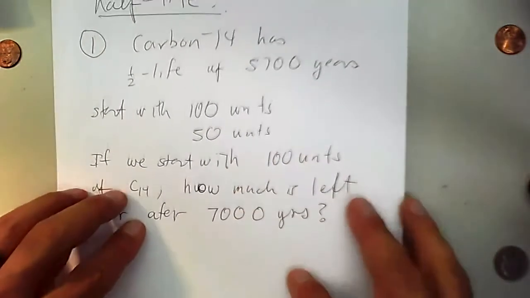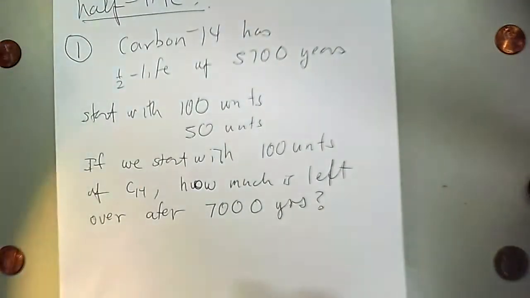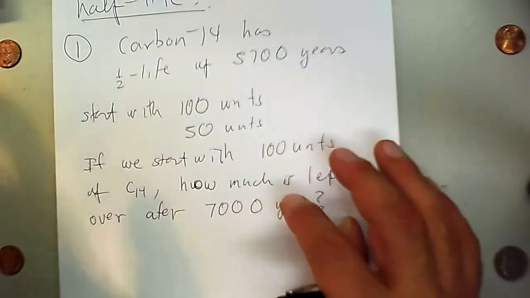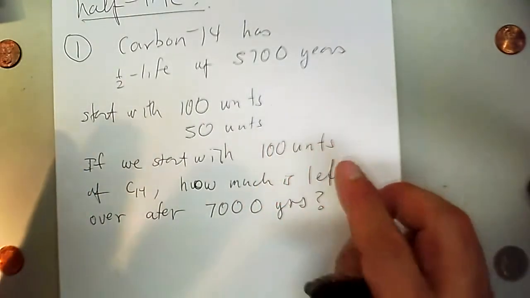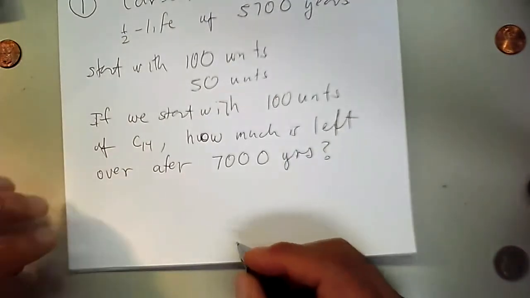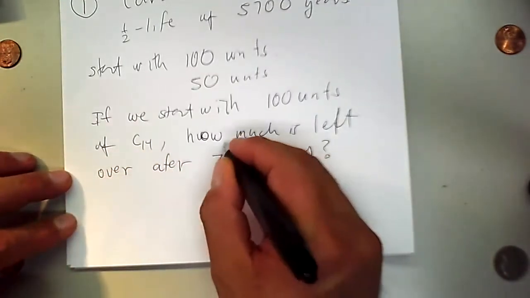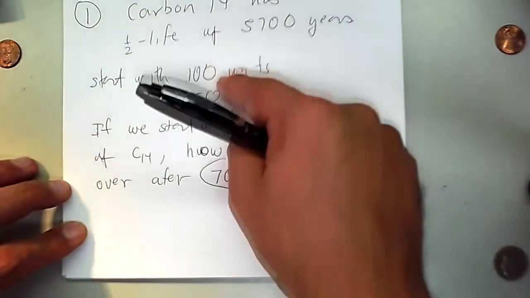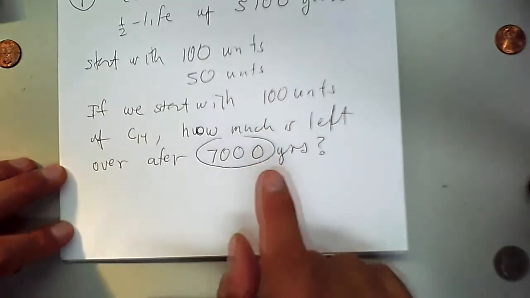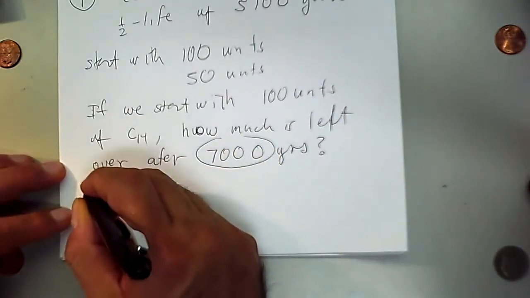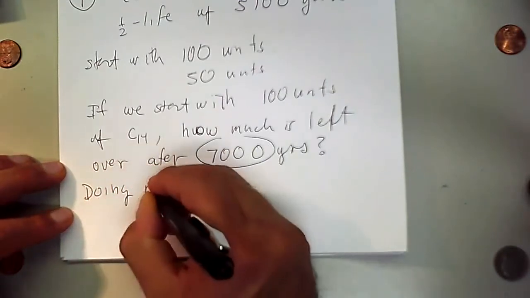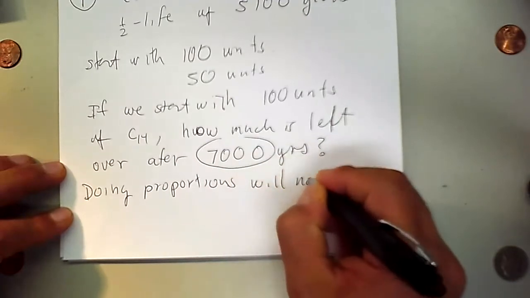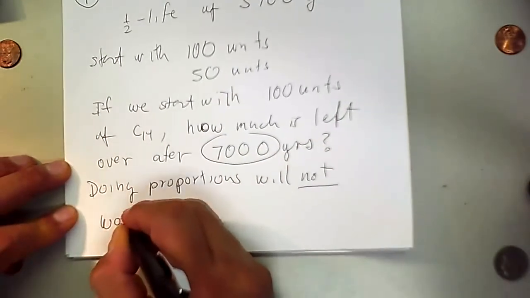Things don't work the way we think they would. If we start thinking this way, try to figure out proportions, that's not going to work. Okay, so let's make that very clear. Because 5,700 doesn't go into 7,000 evenly, we cannot do the halves, and doing proportions will not work.